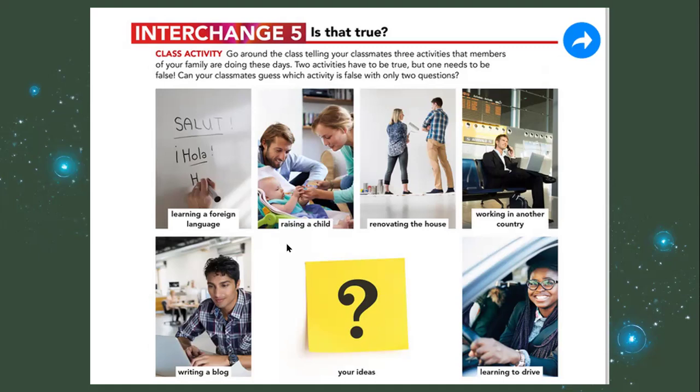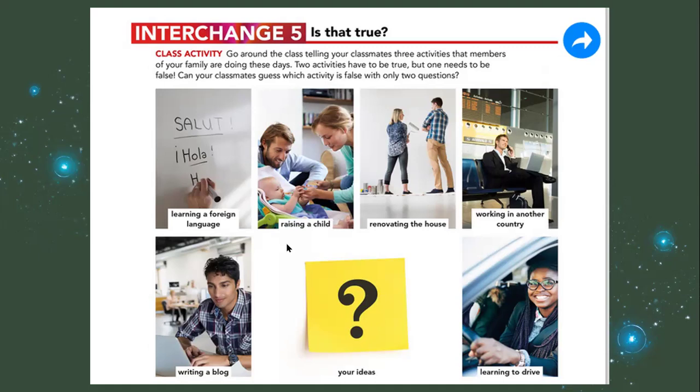Next activity. I'm learning to ride a motorcycle. A motorcycle. Okay. I'm learning to drive a motorcycle. Okay.